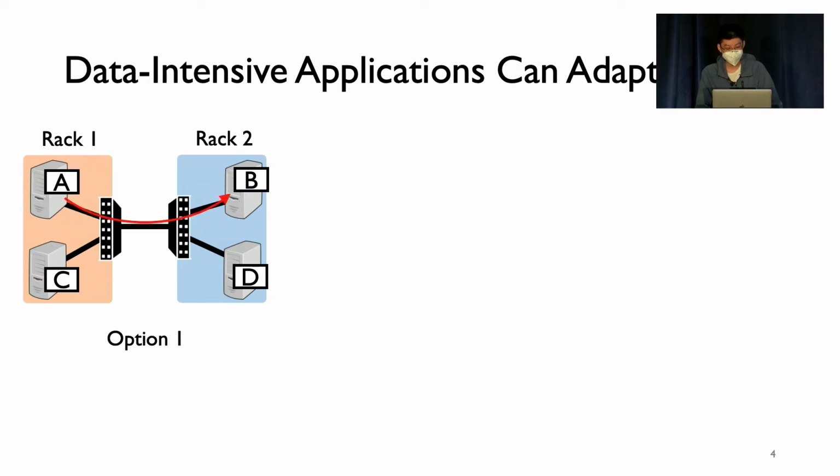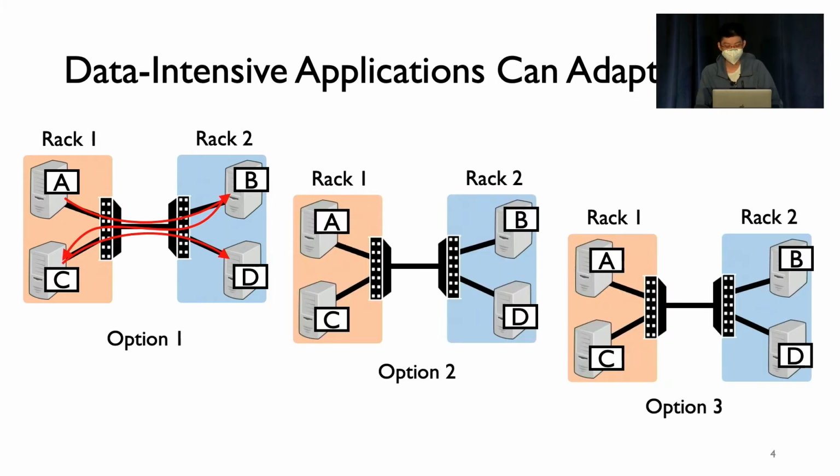For example, VM A can first send data to B, then C, then D. There are also other possible options to do the broadcast. And this example here is actually similar to the classic example in traditional layer 4 multicast work, where people build different overlays to do the multicast.